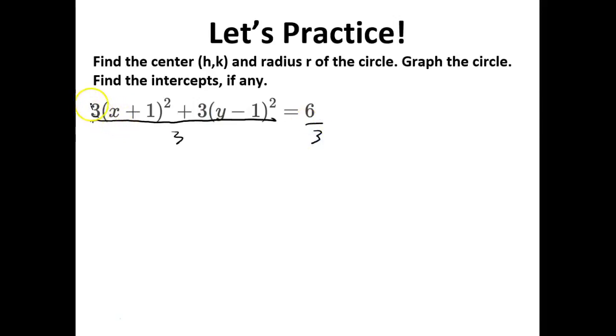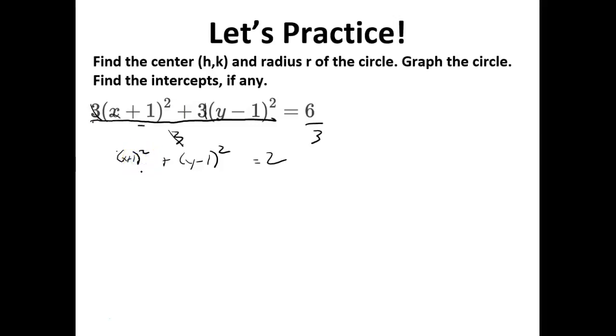When we divide this side by 3, those 3's cancel out, and we're left with x plus 1 squared plus y minus 1 squared is equal to 2. Now you might ask yourself, what if these numbers were not the same? Well, keep that thought in the back of your head to find out later.